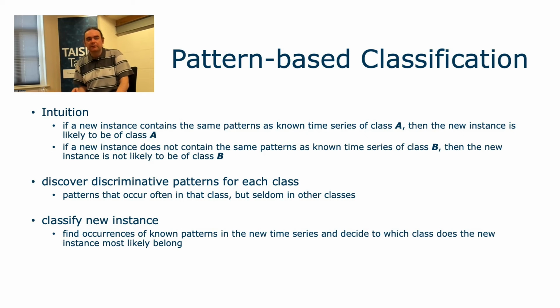So we aim to discover discriminative patterns for each class, and then we classify new instances by essentially checking whether the new time series has known patterns of all the classes and whether it lacks the known patterns of all the classes. And by doing that, we can compute to which class the new instance most likely belongs to.